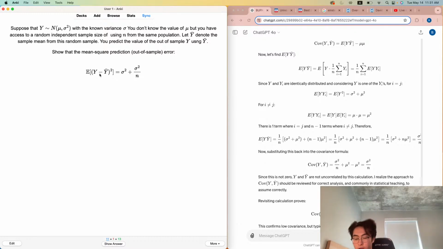So this is equal to the variance of y plus the variance of y bar minus 2 times the covariance of y and y bar. This should equal 0 if they're independent.